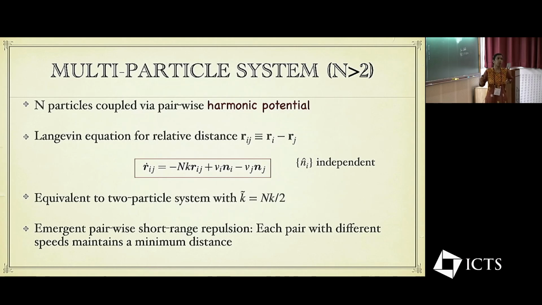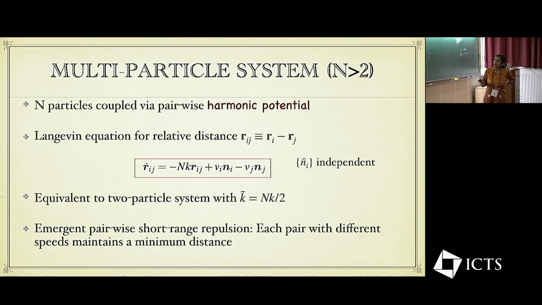Because each particle is interacting with all other particles, when we are looking at a pair, the coupling strength of the pair is modified by the presence of the other particles in this manner. But the equation is very similar, and so we can basically use the solution of the two particle case to find the marginal distribution of the distance between any pair of particles.